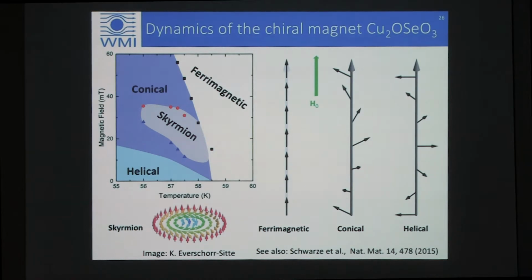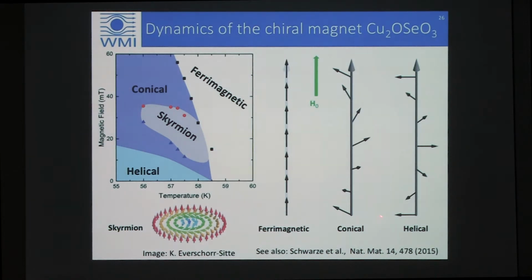And I tried to sketch these different phases here. In the ferromagnetic phase, it's boring, right? They're all parallel, all aligned with the external magnetic field. In the conical ordering and in the helical ordering, the spins are aligned dominantly perpendicular to the external magnetic field.